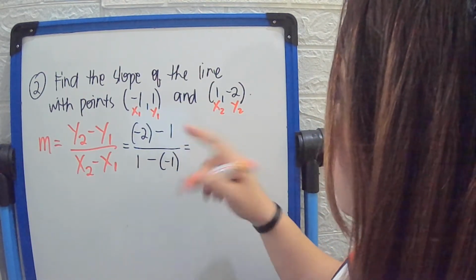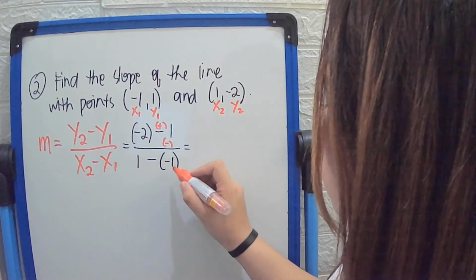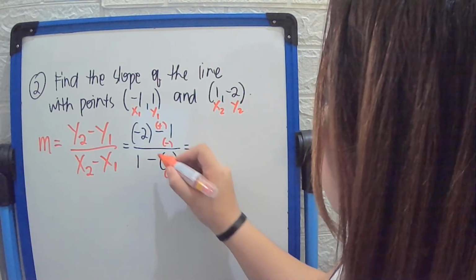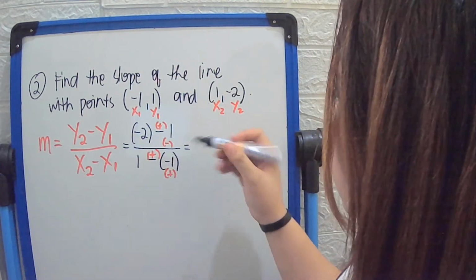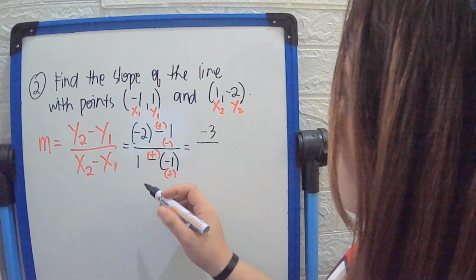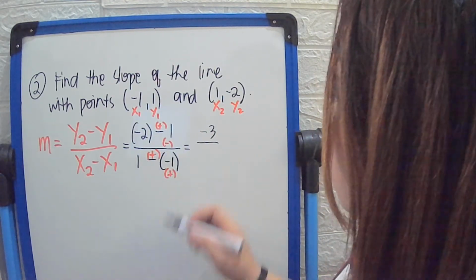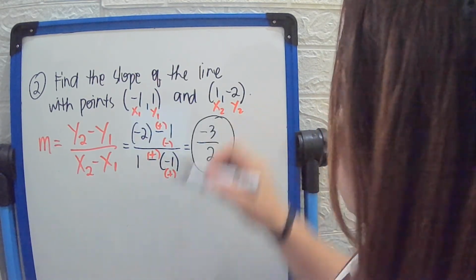Your 1 here is positive, so you make it negative, then proceed to addition. Your 1 here is negative, so it will be positive, proceed to addition. So let us solve. Negative 2 plus negative 1, that will be negative 3. Copy the sign, then add. Here, we have 1 plus 1, kasi positive na siya, so that will be 2. So this will be our slope.